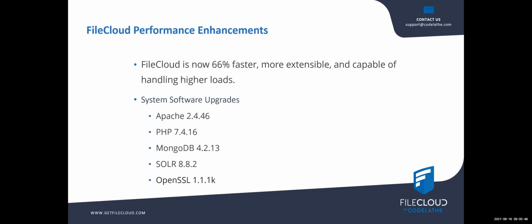So it's really important for you to upgrade. If you've been running FileCloud 20.3 or 20.2, we really recommend that you upgrade as soon as possible to get this performance.